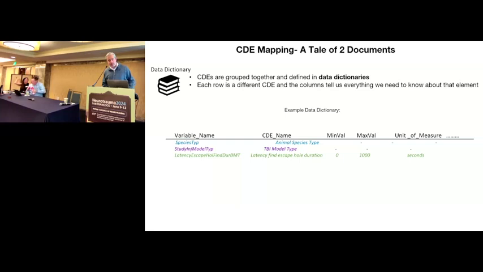What a data dictionary actually looks like is it will have the variable name, it will have the CDE name, which is sometimes slightly different, something that's a little bit easier for machine readability. And then we'll get a lot of information, metadata about that variable itself. Things like what's the minimum value that you would expect, or the maximum value?